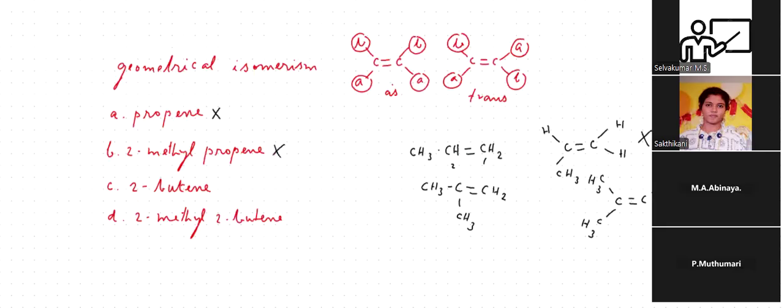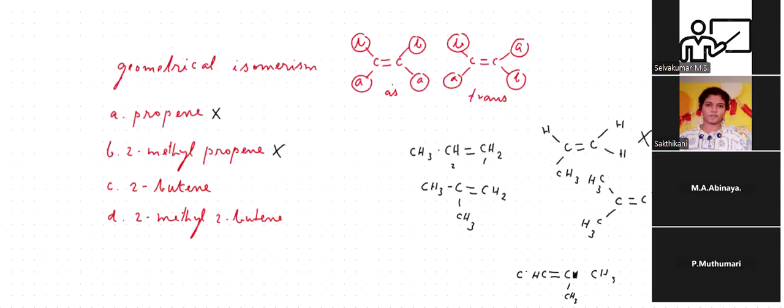You look at the fourth one, 2-methyl 2-butene. 2-butene means 4 carbons, with the double bond between the second and third carbon, and then a 2-methyl group.